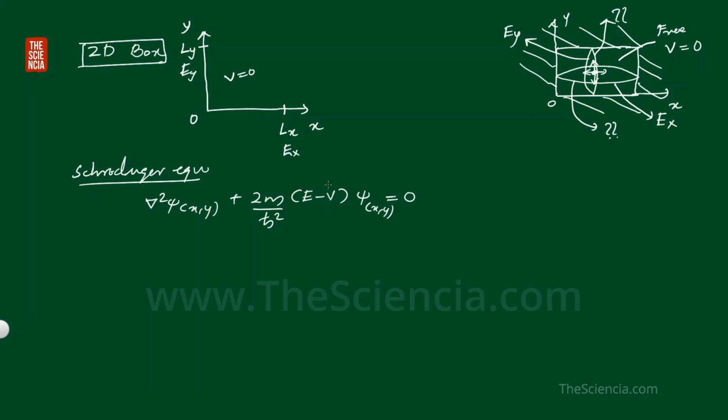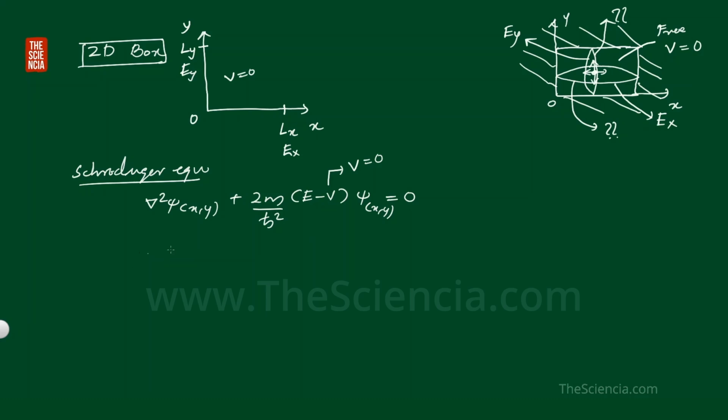Here, I told you this is a free particle, so V should be equal to 0. Here we are just following the same procedure we used to find the wave function and energy of the 1D box. If you have any doubt, just refer to how we solve for the 1D box.